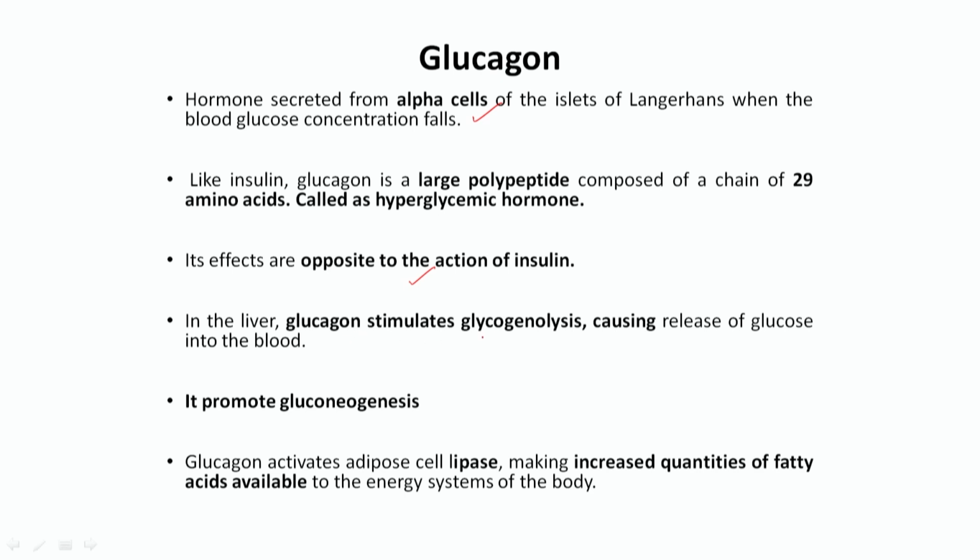It will stimulate glycogenolysis, causing the release of glucose into the blood. It promotes gluconeogenesis. That was not the case for insulin. And glucagon activates adipose cell lipase, making an increased quantity of fatty acid available to the energy system of the body. So, this action is quite opposite to that of insulin.